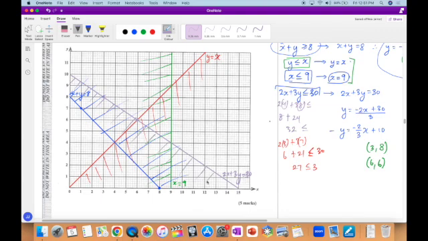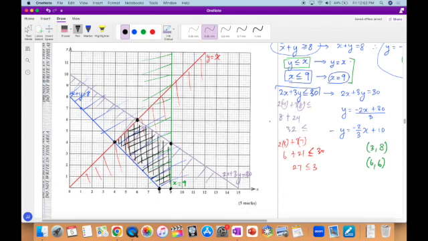And what region will be true for all of them? Well, I was expecting it to be this triangle though, but we could see that this region here, bounded by these points, this region here will be true for all of the inequalities.